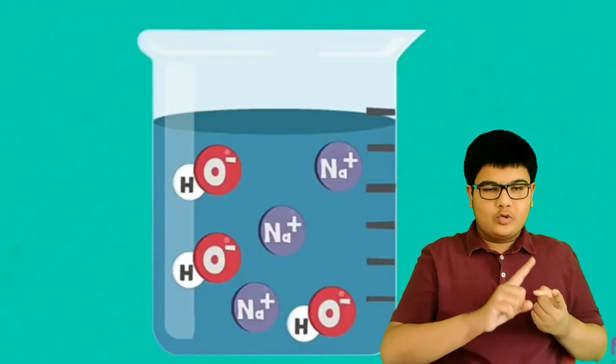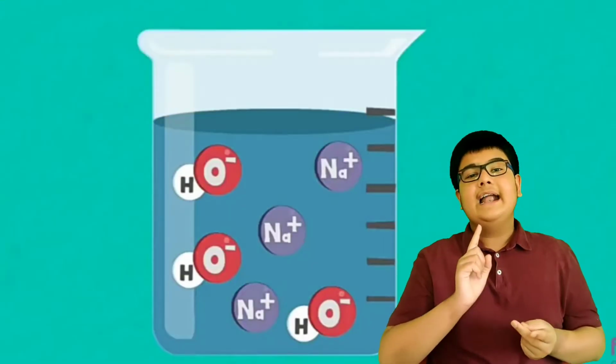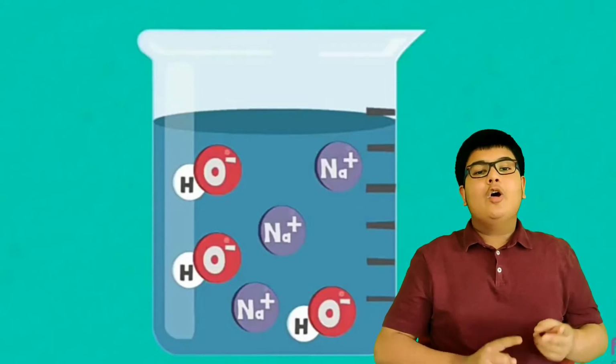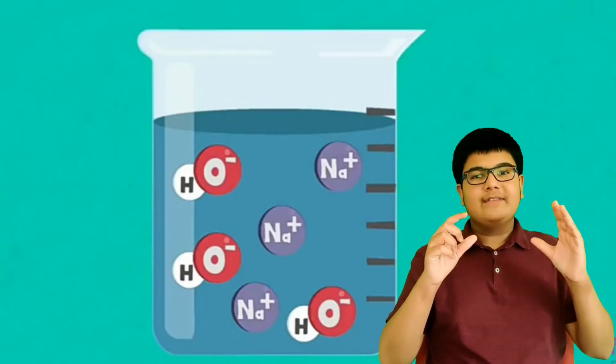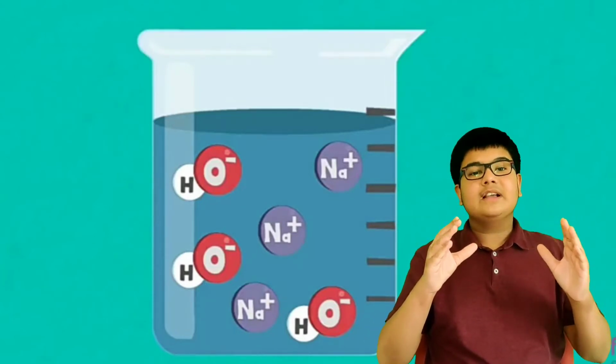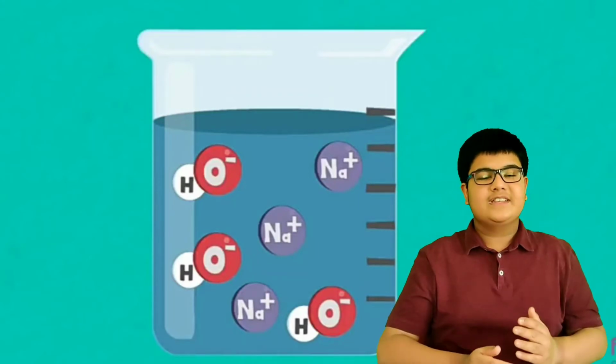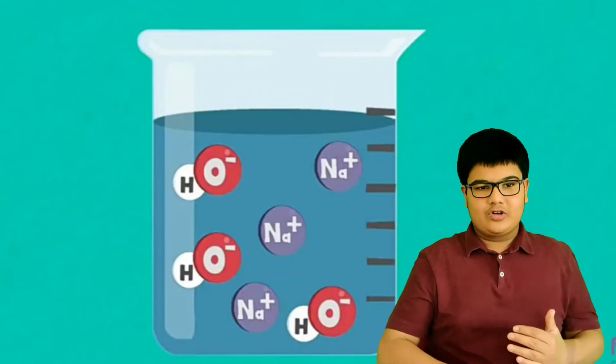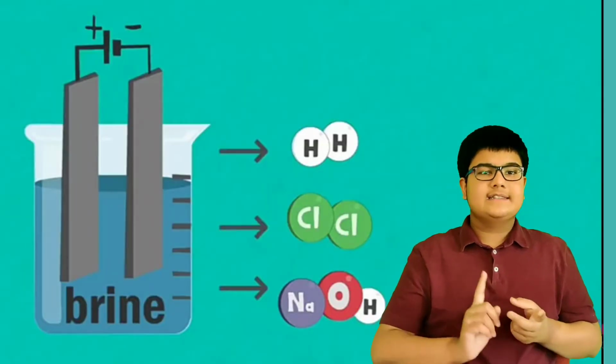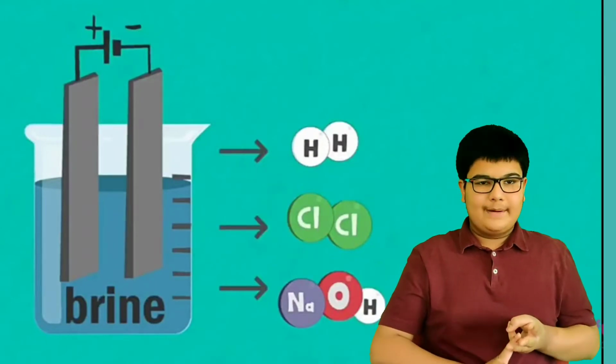Now what is remaining? Yes, they are sodium ions, Na positive ions, and OH negative ions. Now both Na positive and OH negative ions will combine to form NaOH, which is nothing but sodium hydroxide. So from this reaction we get three things, that is H2 gas, Cl2 gas and sodium hydroxide.